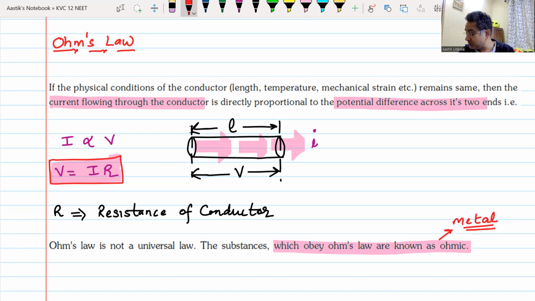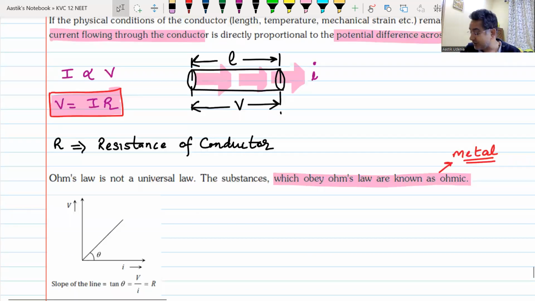Now, any body which follows this Ohm's law, the graph between V and I would be a straight line. This is how the graph between V and I will look for an ohmic body, which is a conductor.